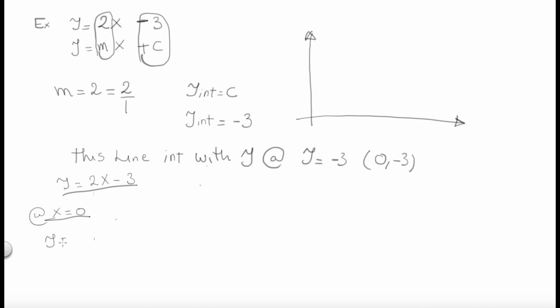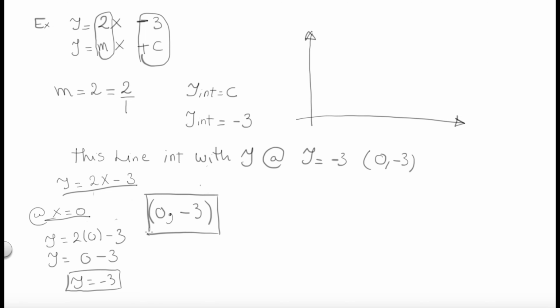So y is equal to 2 times 0 minus 3. 2 times 0 is 0, minus 3. So y is equal to negative 3. So at x equal 0, y is equal to negative 3. And by the way, we know that because this is the y-intercept, so this is point 1.